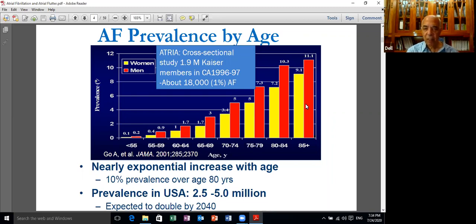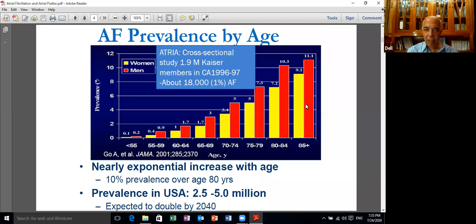But if you follow this, this is a study of almost 2 million individuals in Kaiser. Kaiser Permanente is an important insurance company for health in California, and it shows that as you move from 50 years of age to 85 years of age, there is a consistent increase in the number of patients affected by atrial fibrillation. Above the age of 80, 10% of the population are having atrial fibrillation.